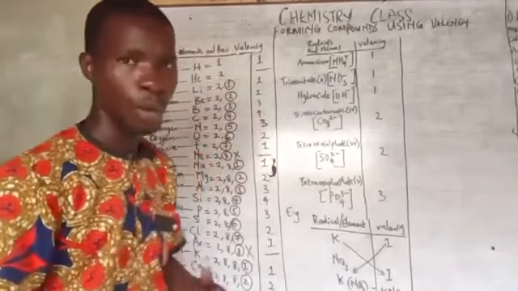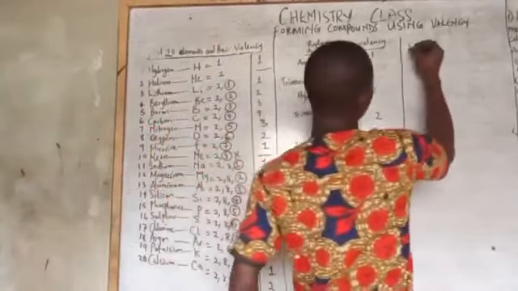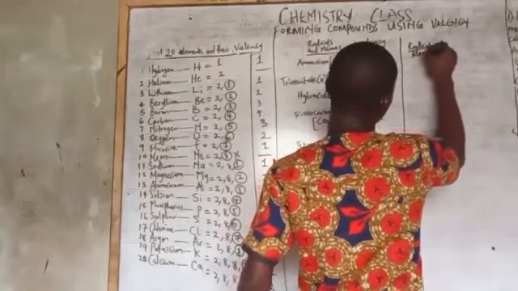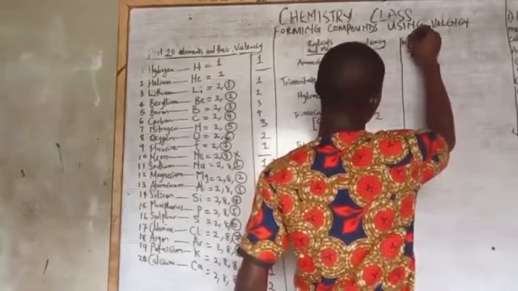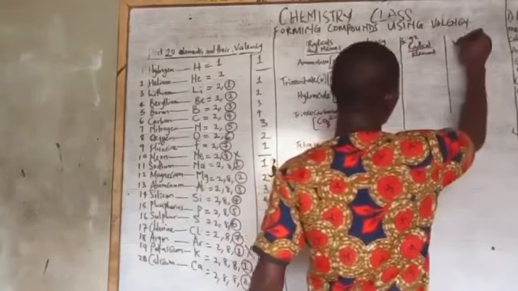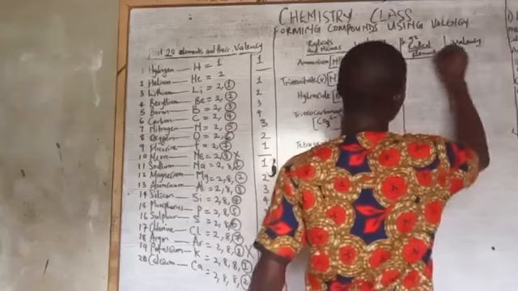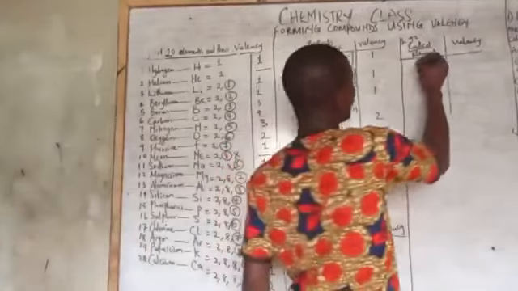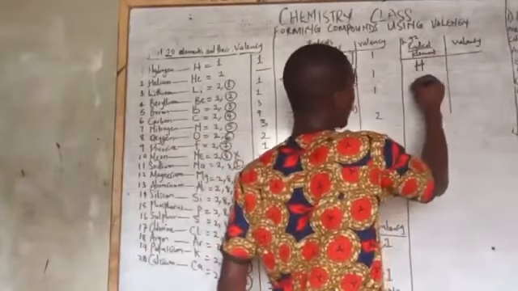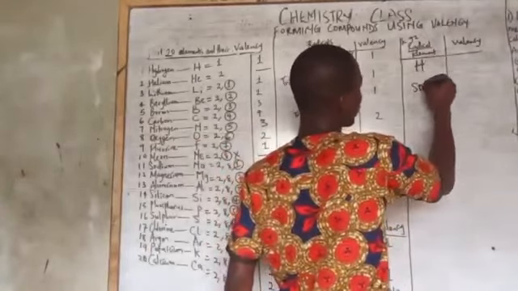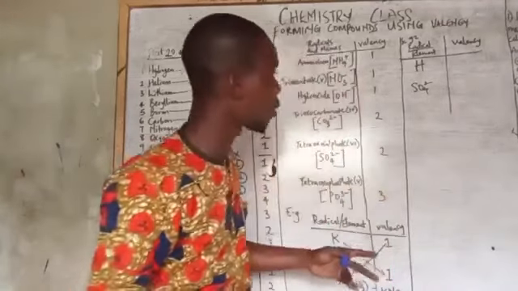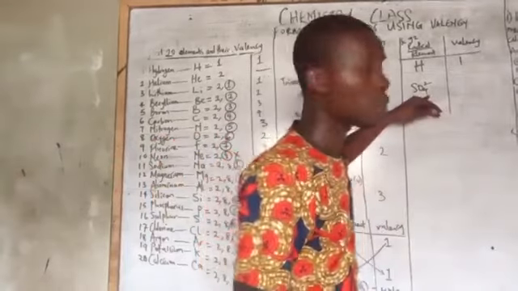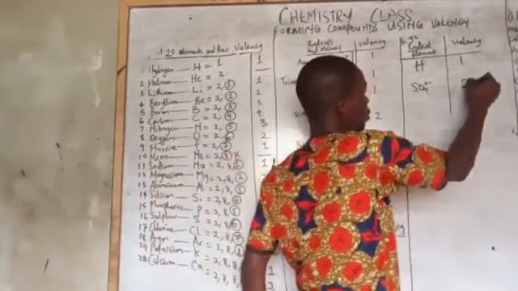Let's see one more example. Radical or element. Example 2. The valency. So let's say we are having element hydrogen and radical SO4, 2 minus. The valency of hydrogen is 1, and the valency of tetraoxosulfate 6 is 2.